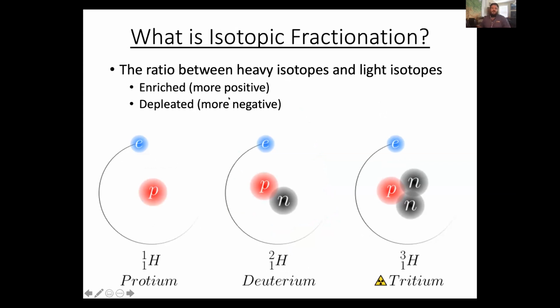And so we have heavy isotopes and light isotopes. I may use the words enriched and depleted as we go forward, but just know that these occur naturally. We have this ratio that changes based on environmental factors and can be really helpful in getting deeper into the questions of dendrochronology.